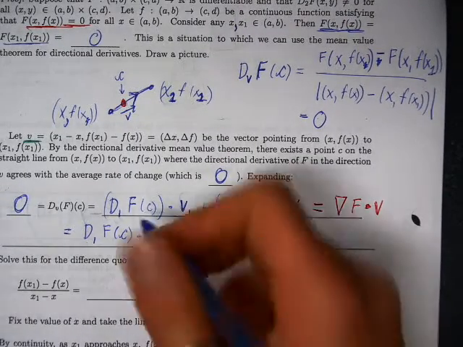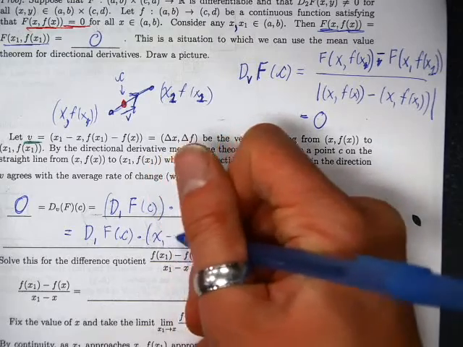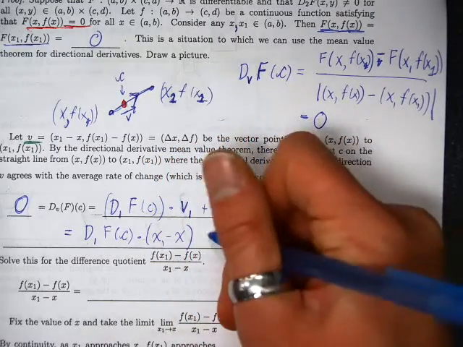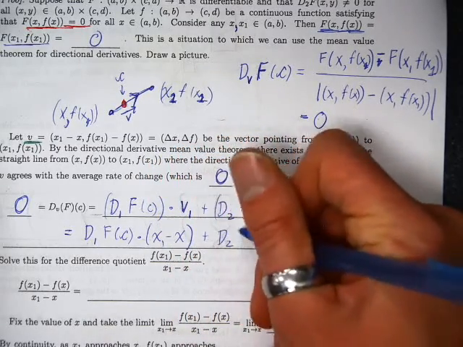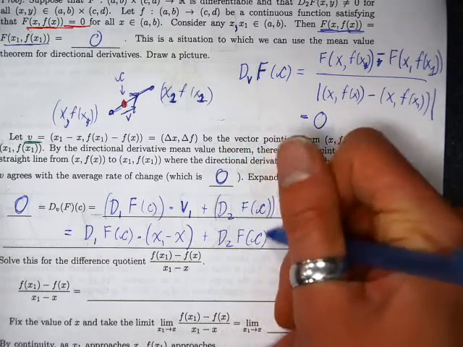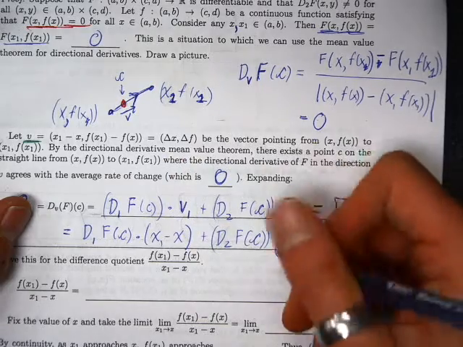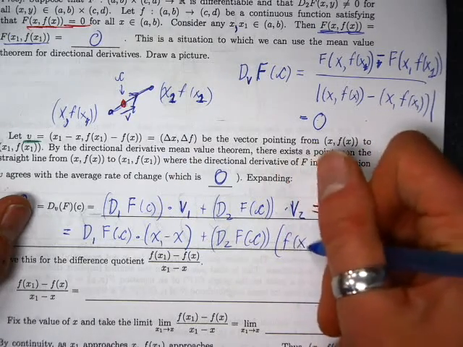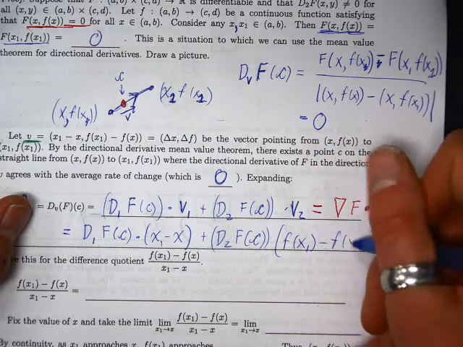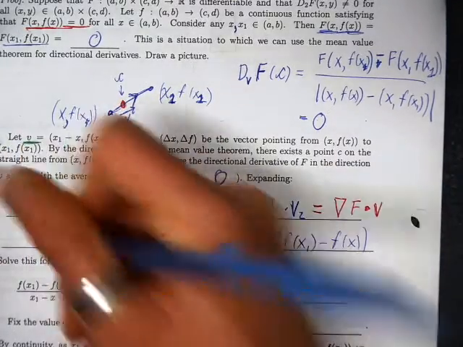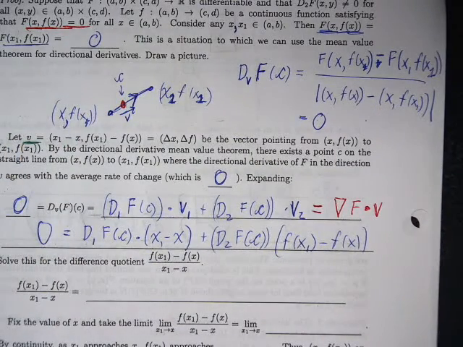Yep. x1 minus x, plus d2 f of c times v2, which is delta f, is f of x1 minus f of x. And remember, all that is equal to 0. It's the directional derivative. We knew independently of this it had to be 0.